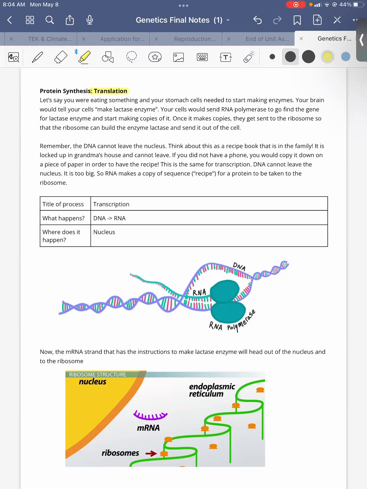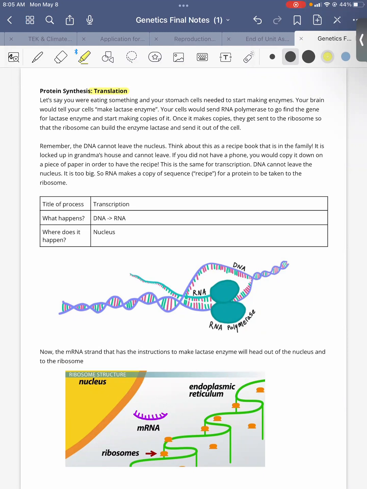So what your cell is going to do, right? Your stomach cells need to start making enzymes. So your brain will tell your cells, hey, we're eating, make lactase enzyme. So your cells will send RNA polymerase to go find the gene for lactase enzyme and to start making copies of it. That happens in the nucleus. That's actually transcription, right?